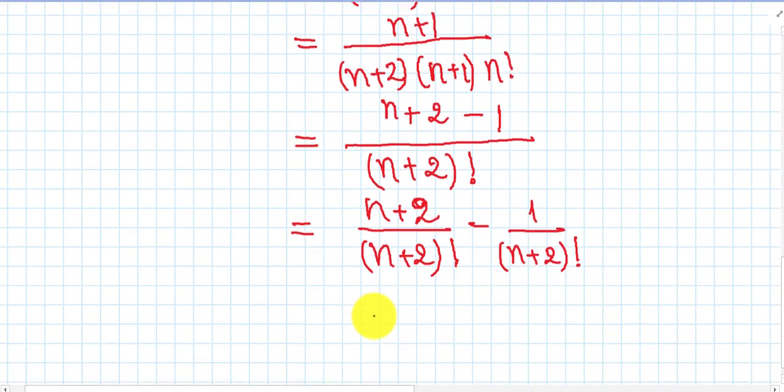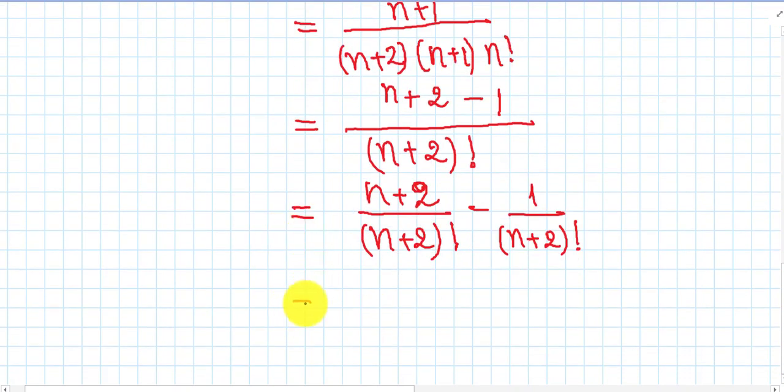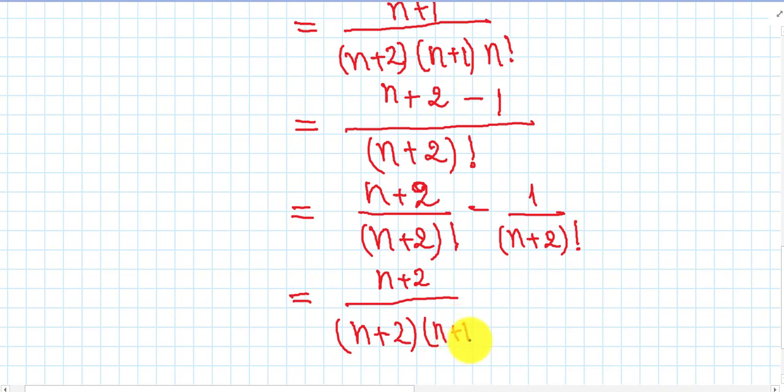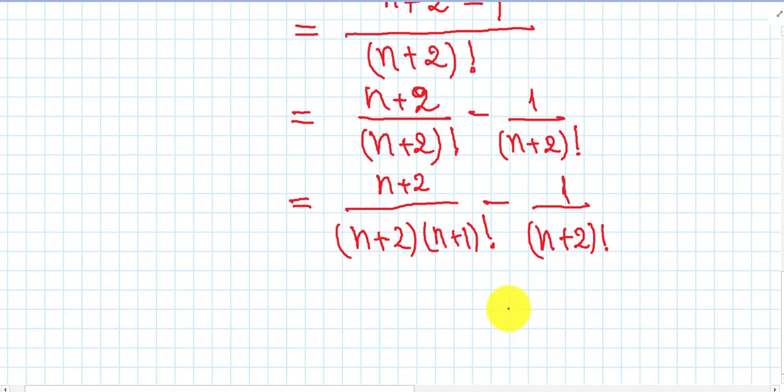We get n plus 2 over n plus 2 times n plus 1 factorial minus 1 over n plus 2 factorial, and then this n plus 2 and n plus 2 we can simplify.